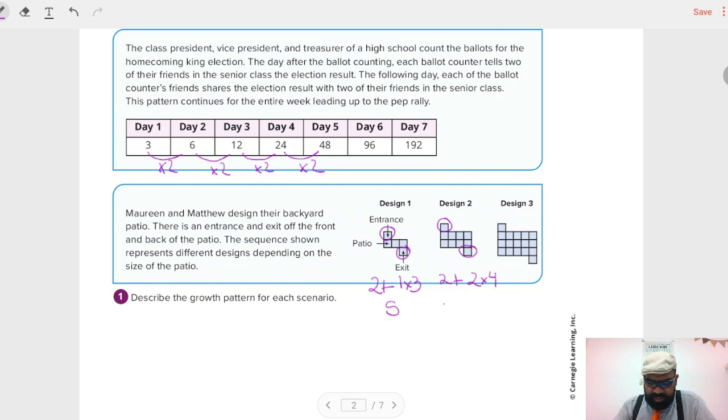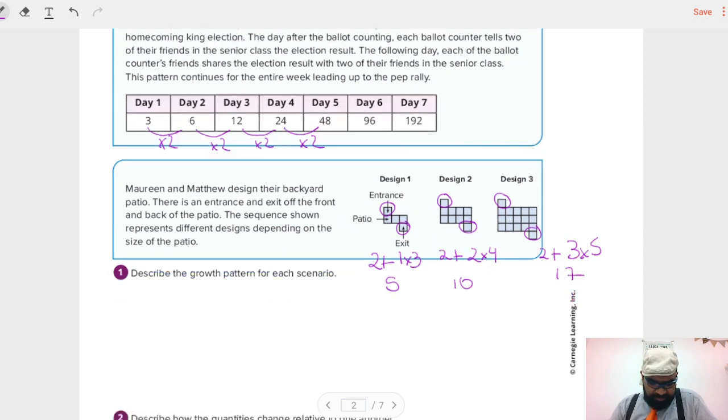Oh, let me erase this here. 2 times 4 is 8. 8 plus 2 is 10. And the third one is 2 plus 3 times 5, which is 17. Okay, just describe each pattern, the growth of each pattern.